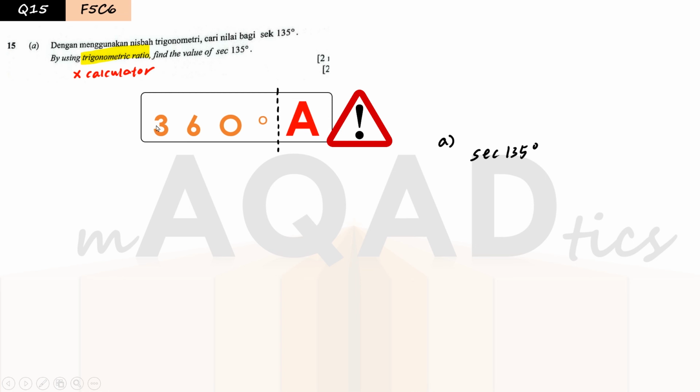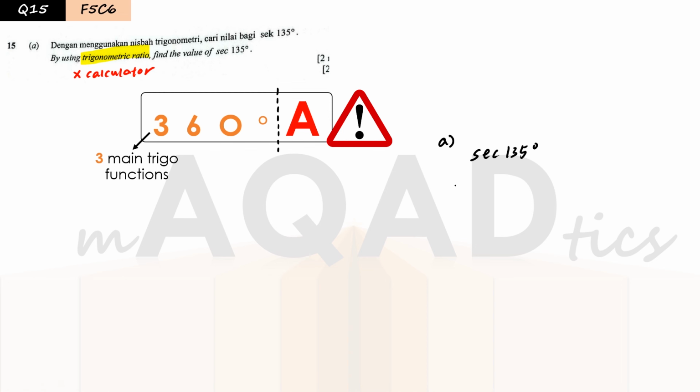So the first criteria is 3. 3 here stands for the 3 main trigo functions, which are sine, tan, and cos. So if we see the trigo function here is not sine, cos, or tan, we need to change it. So now it's secant, right? Secant is not one of the 3 main trigo functions, so we need to find a way to change it.